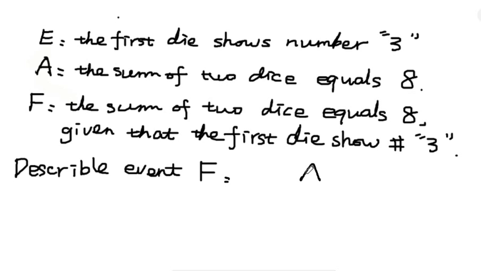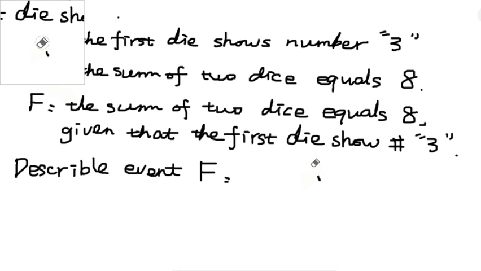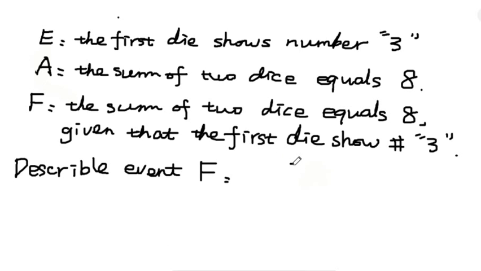That is, given the event E occurs, and be careful about the way I stated it. What does it mean that event E occurs? You get all those 6 outcomes with the first number being 3. Then the second number can be 1, 2, 3 until 6.